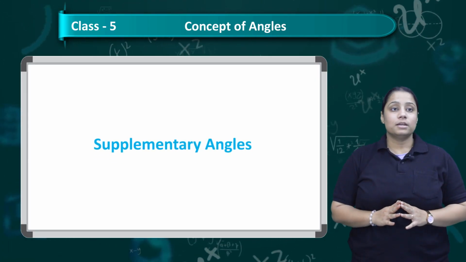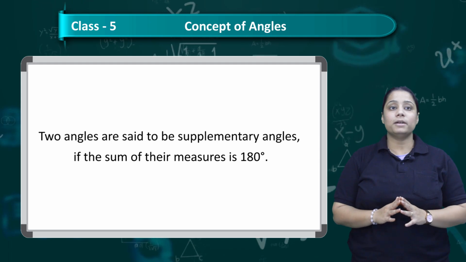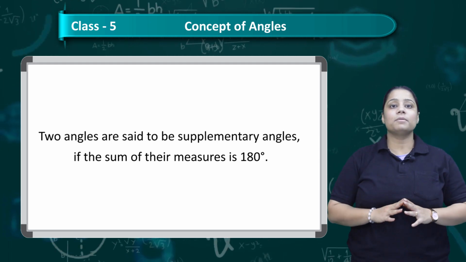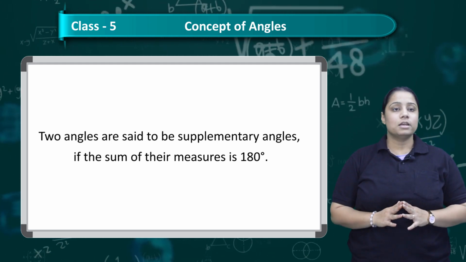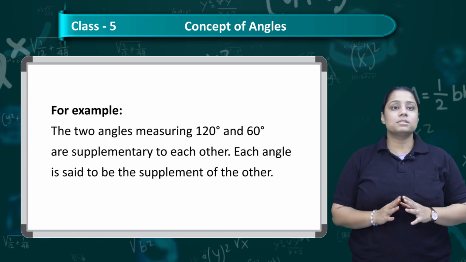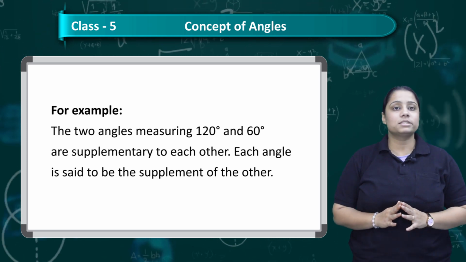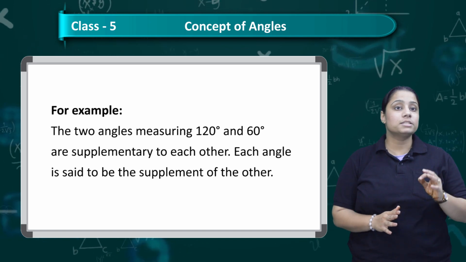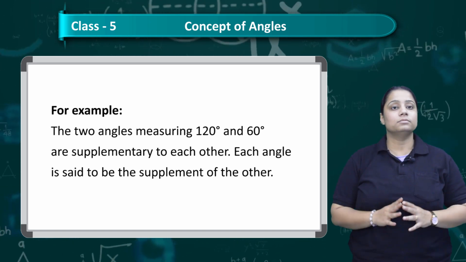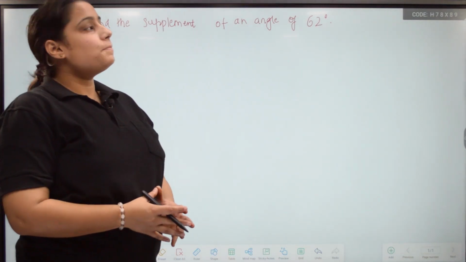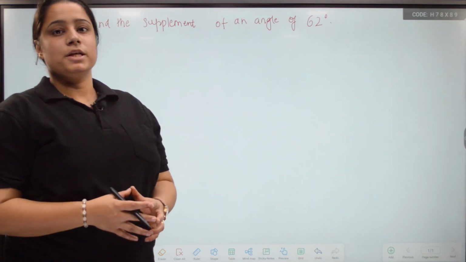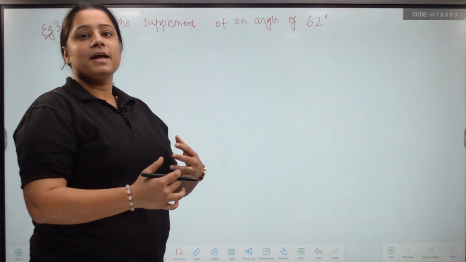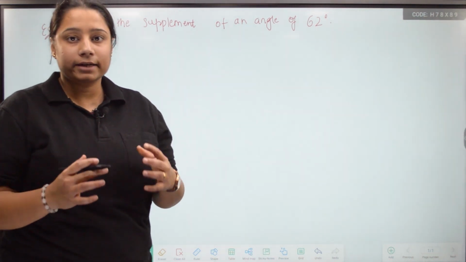Supplementary angles. Two angles are said to be supplementary angles if the sum of their measures is 180 degrees. For example, the two angles measuring 120 and 60 degrees are supplementary to each other. Each angle is said to be the supplement of the other. Example 3. Find the supplement of an angle of 62 degrees. We know that supplementary angles make a sum of 180 degrees.